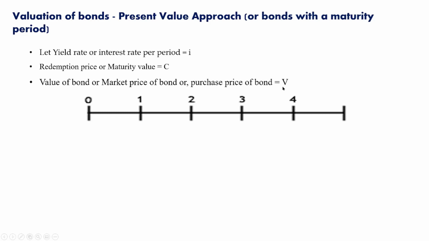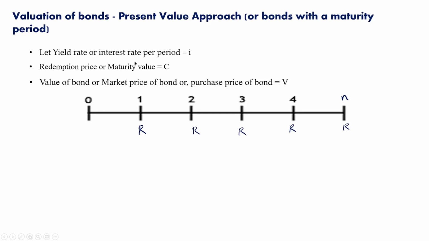Now this V we can calculate as the present value of all these cash flows over a period of n number of periods. So at the end of each period, the interest payment should be made, and then the bond should be redeemed on the date of maturity.